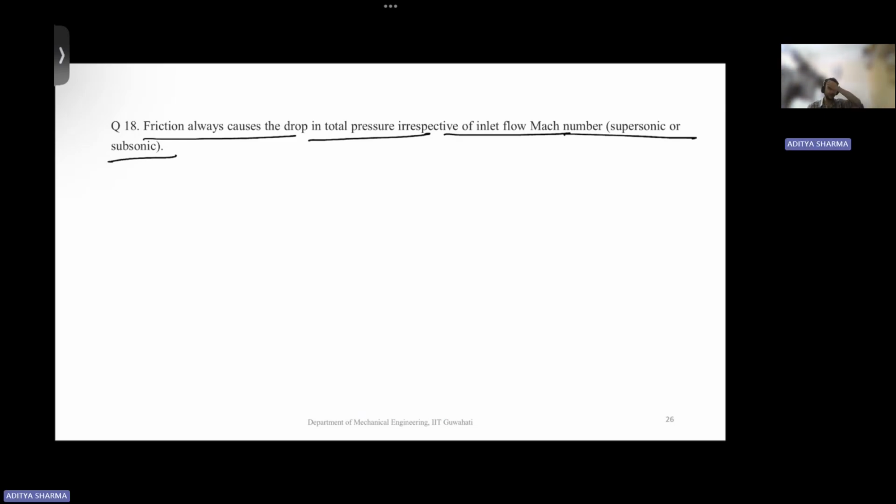So it's raining very heavily here in Guwahati. Question number 18. Friction always causes the drop in total pressure, irrespective of inlet flow Mach number, supersonic or subsonic. So this is the true statement. Okay. There will be loss in total pressure. Question number 18 is correct.